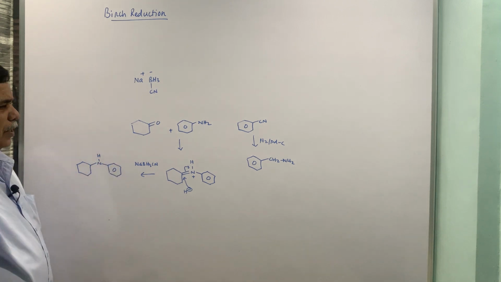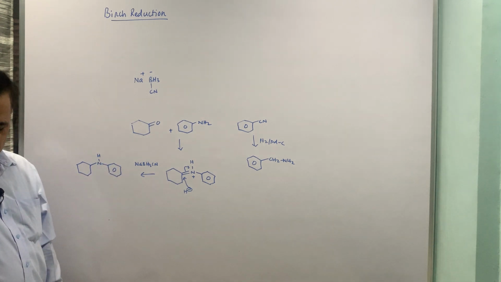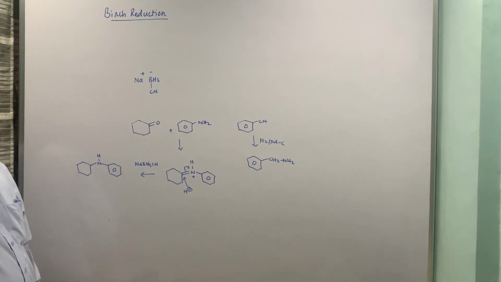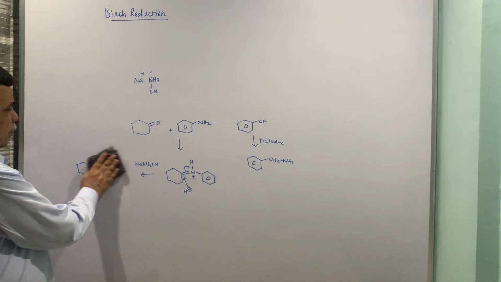So, that is the advantage of having H2/PdC. This is heterogeneous catalyst mainly used for hydrogenation purpose, and palladium charcoal has got optimum reactivity and it is highly selective reagent.